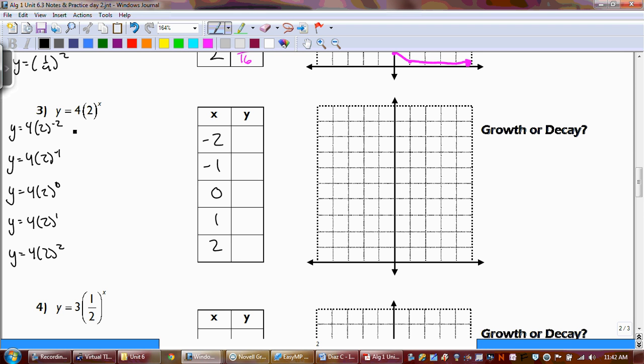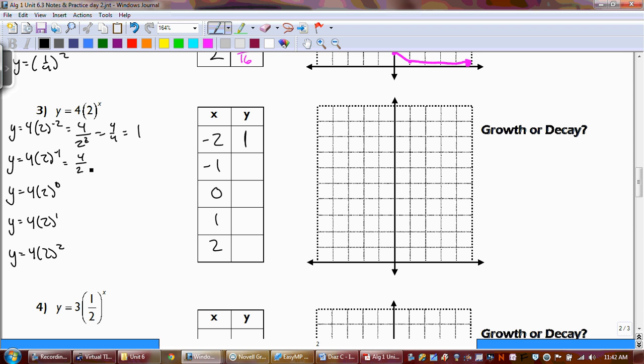Okay, so when we distribute 4 times 2 to the -2nd, remember that -2 has got to drop down, so it's positive. Okay, which equals 4 over 4, and 4 divided by 4 is 1.